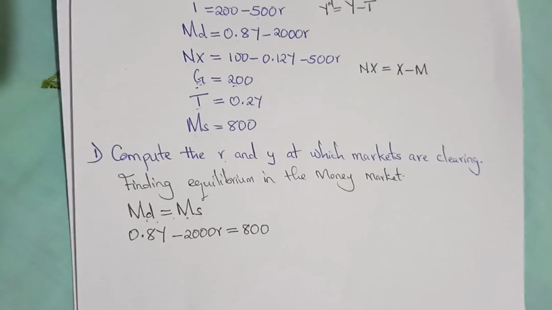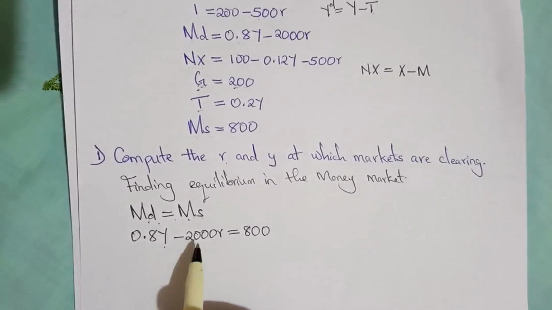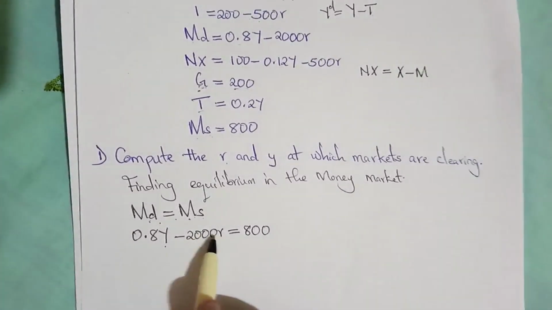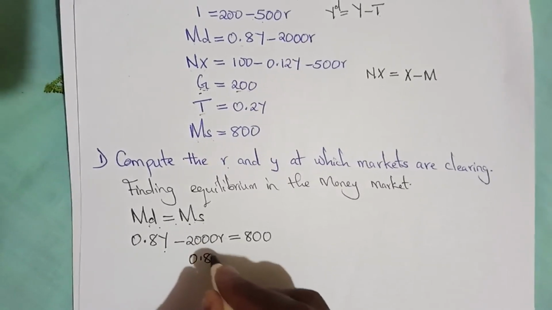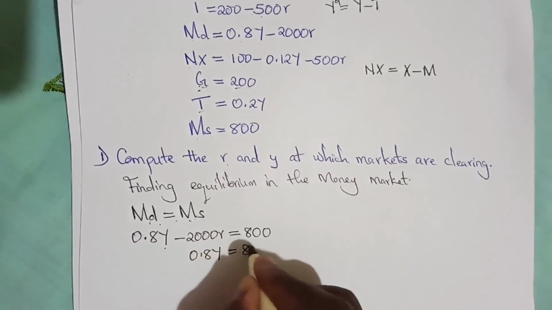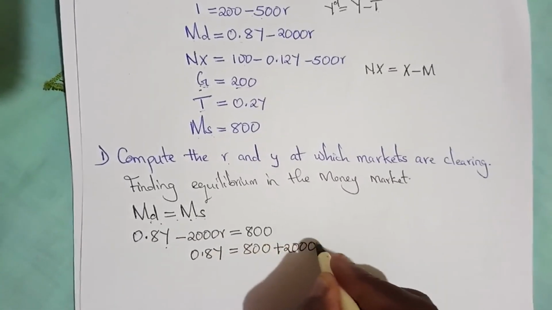Now guys, you can make Y the subject of the formula by taking the 2000R to the other side. So you remain with 0.8Y is equal to 800 plus 2000R.